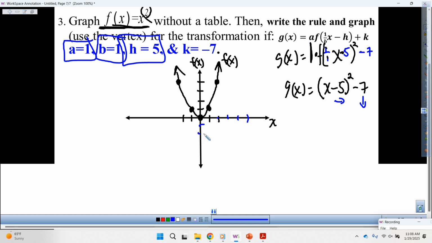And then 1, 2, 3, 4, 5, 6, 7. So the vertex is there. Then I got 1 here, and then 2 and 4, 2 and 4, and that is our g of x.